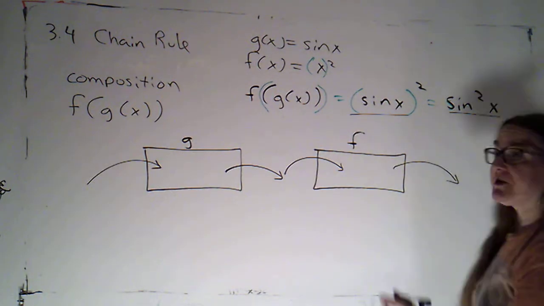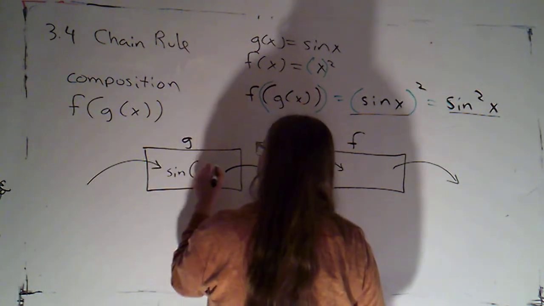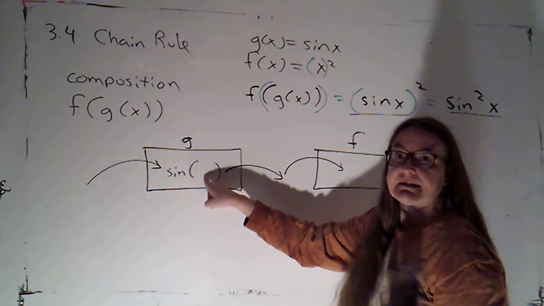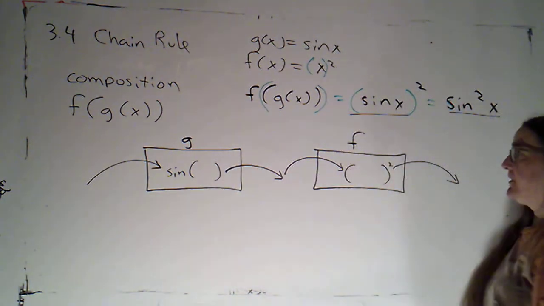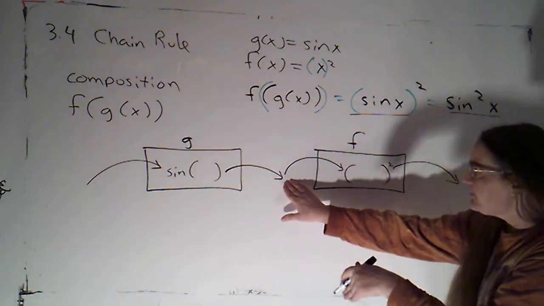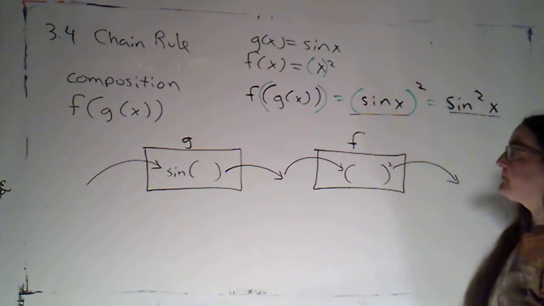So with our particular example, g we said was the sine function. So whatever we plug into g, we're plugging into the sine function. f, we said, was the squaring function. So whatever we get out of g, we plug into f, and we square that.